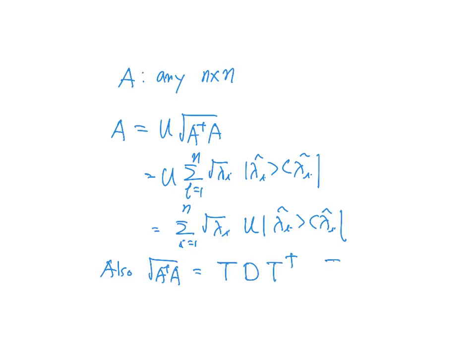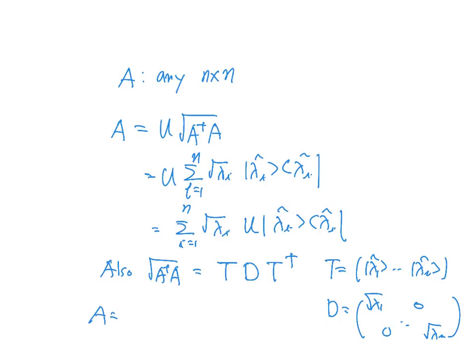So T is actually made with lambda 1 tilde, lambda n tilde. D is a diagonal matrix, root lambda 1, root lambda n. Then, using this notation, A can be written as U T D T dagger.